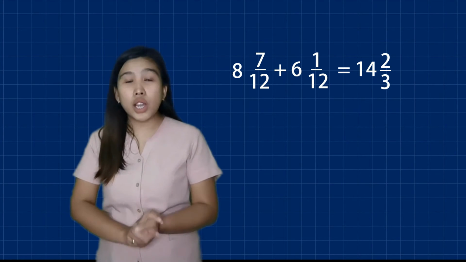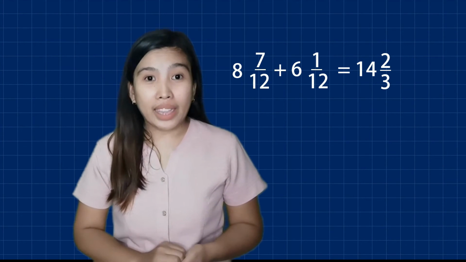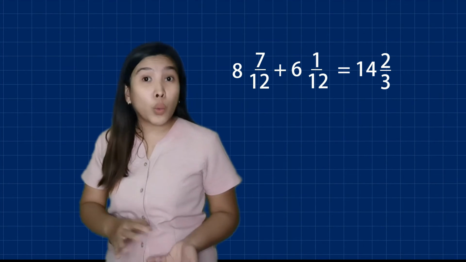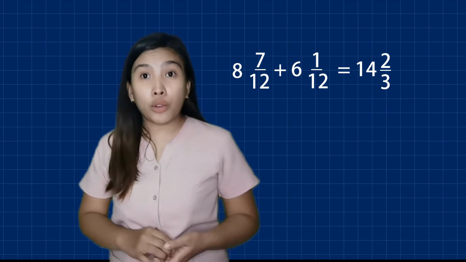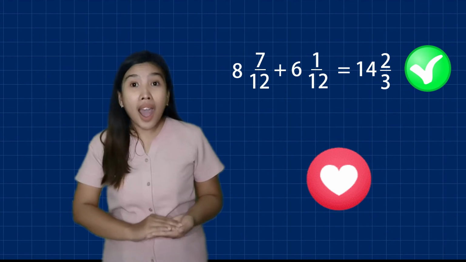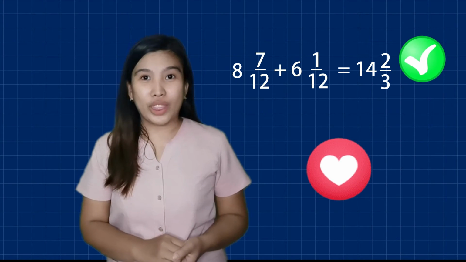Okay, so the equation is correct. So we have 8 and 7 over 12 plus 6 and 1 over 12 is equal to 14 and 2/3. So the answer is a heart react button.